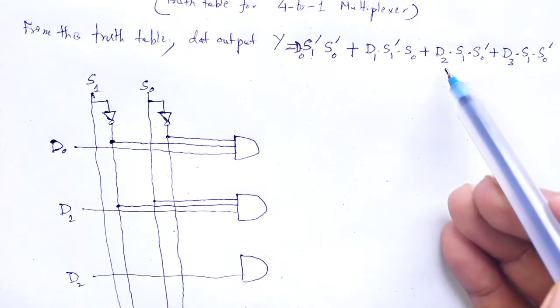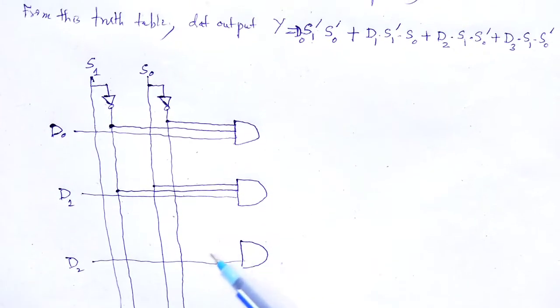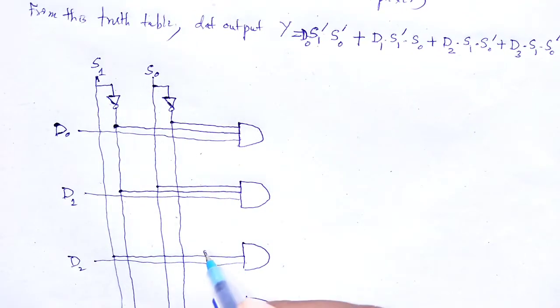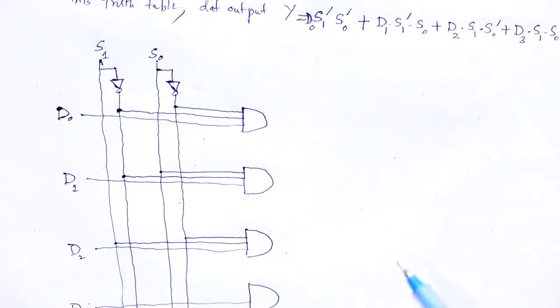Next D2 S1 S0 dash, this is the S0 dash line.